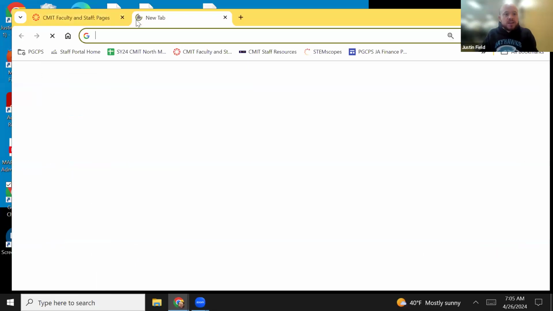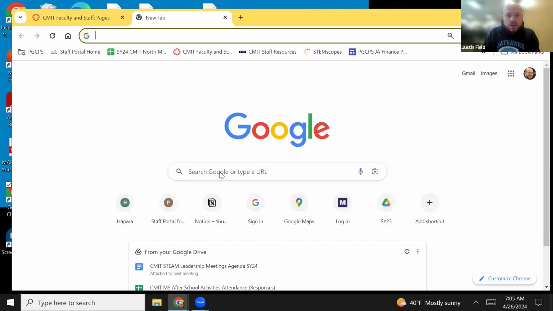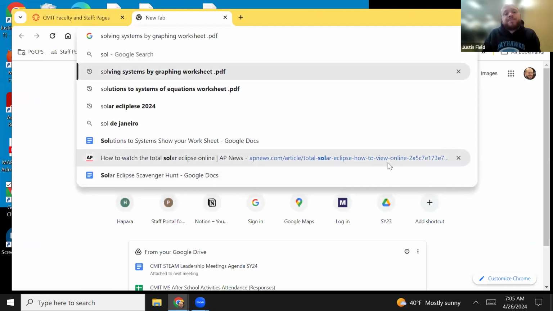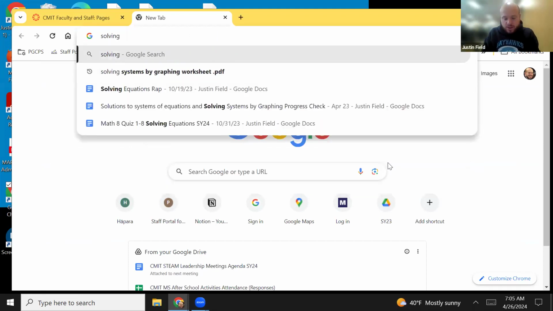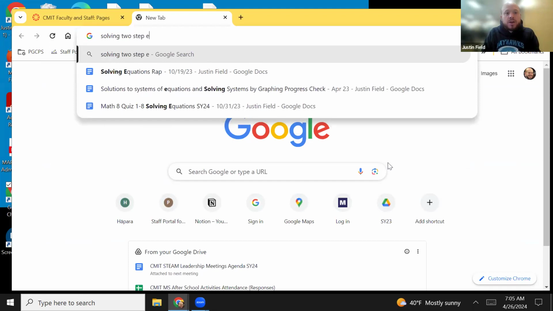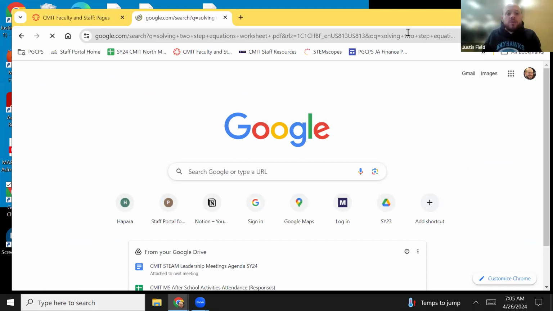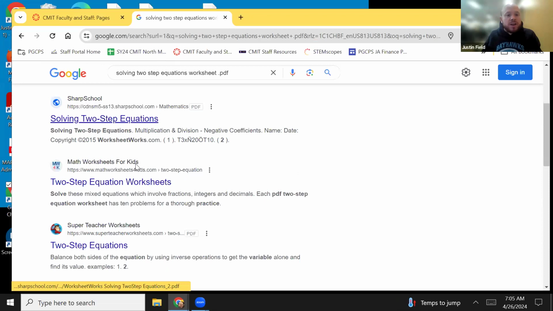Okay, so let's do solving equations. Let's just do solving two-step equations worksheet dot PDF. When you put .pdf, then the Google search is going to give you PDFs.